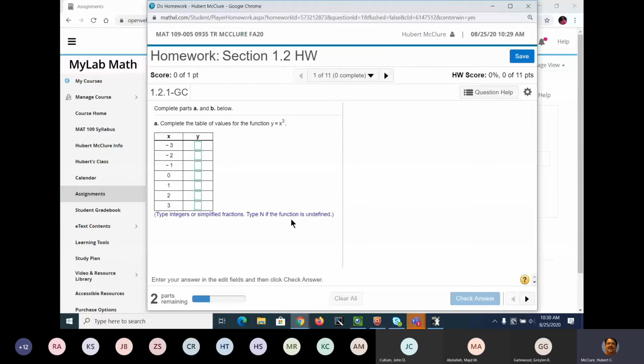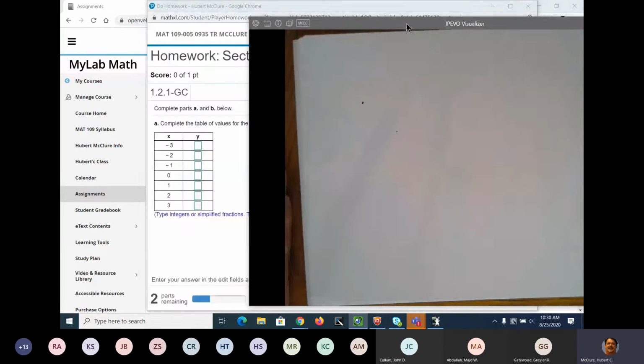Okay, so here they're probably showing you graphing. They give you a function, y is equal to x cubed, and then you plug and chug.